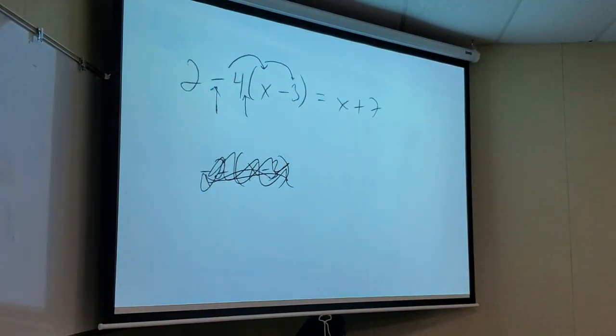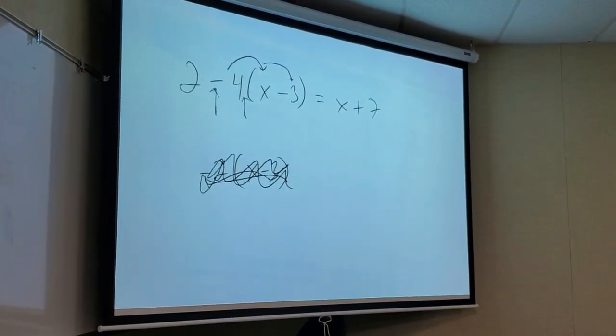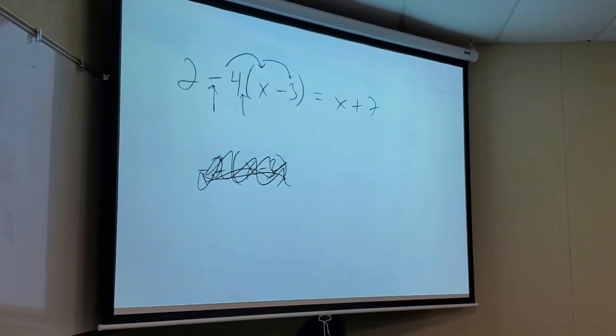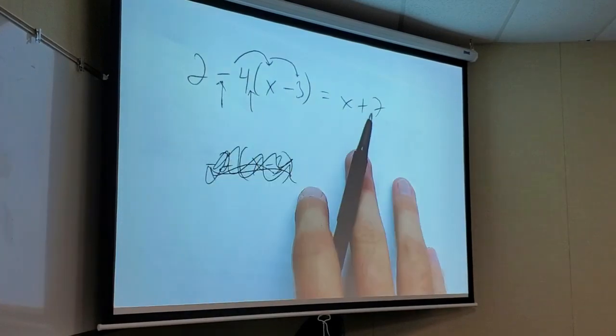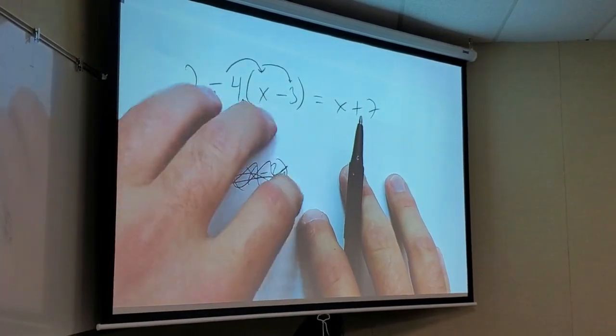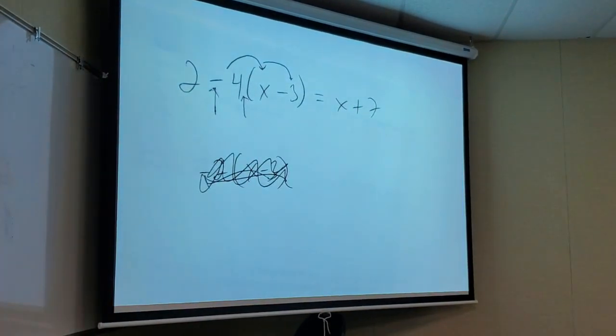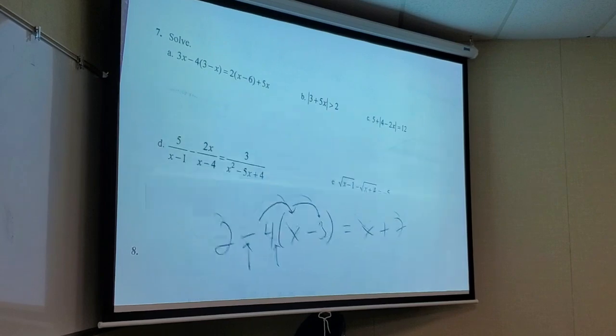One of the very first things you do in an equation is distribute what you can, because that frees things up so you're able to put your like terms together. Quite a few people made a mistake, and I'm not trying to make you feel bad. I just want you to really see why it's a mistake and make it something you can't physically do again. It just doesn't work.